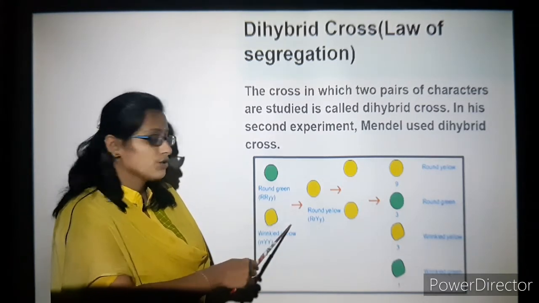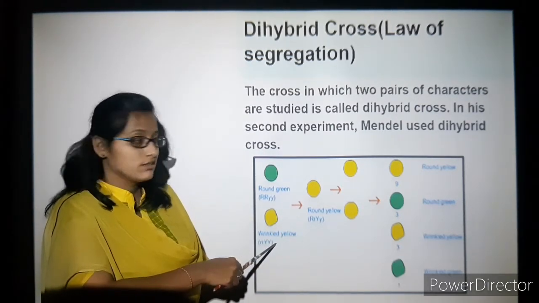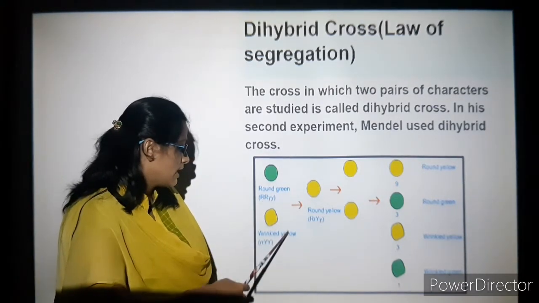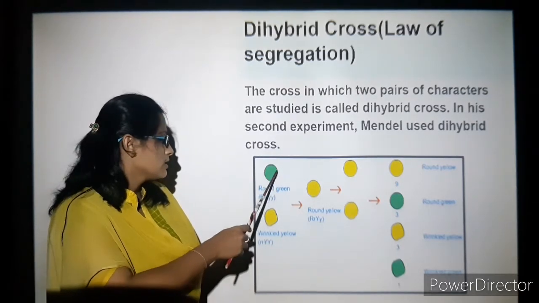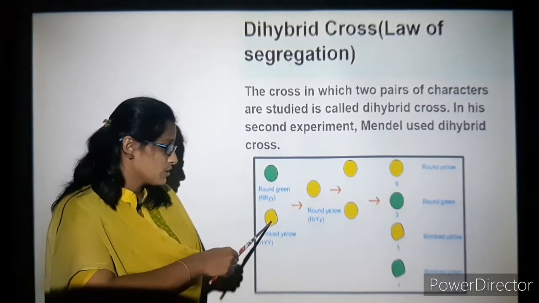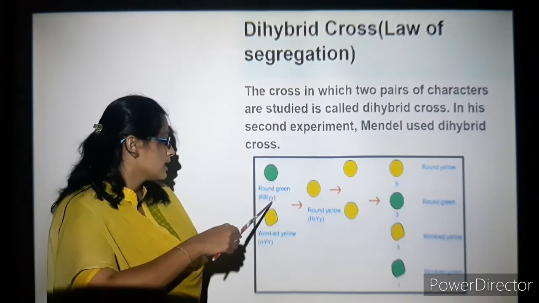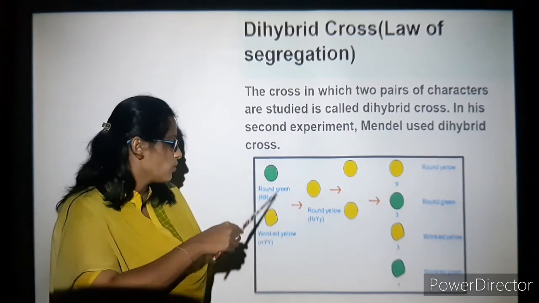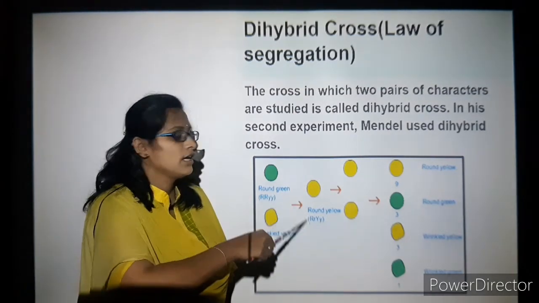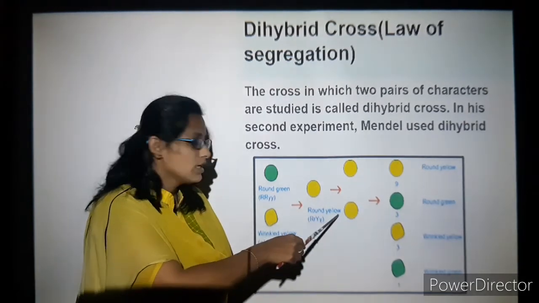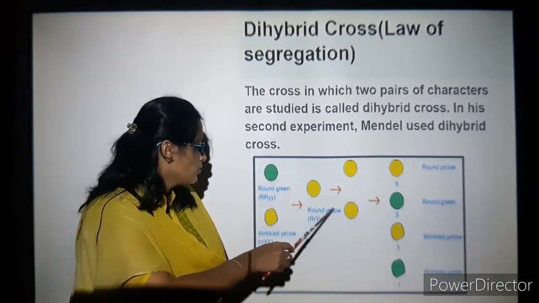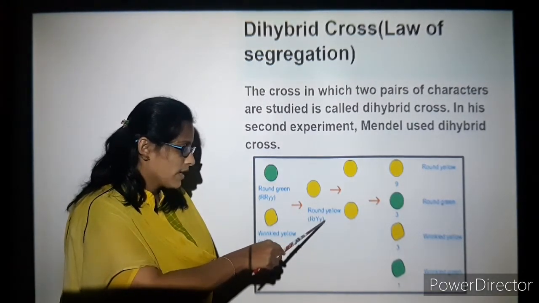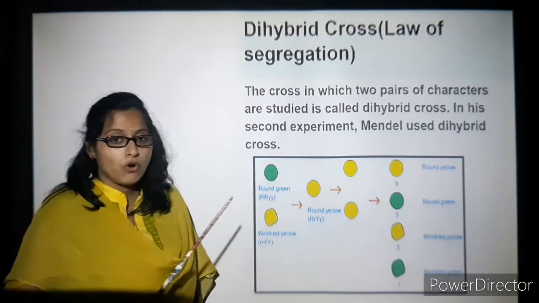Now you are crossing the two characteristics, and you will get the dominant characters, that is round and yellow. Round was dominant, yellow was dominant, and green and wrinkled were recessive. These will again remain recessive. Whatever is dominant will come out in the F1 generation, that is round and yellow. You can see R, big R, small r, big Y, small y, that a hybrid variety is formed.